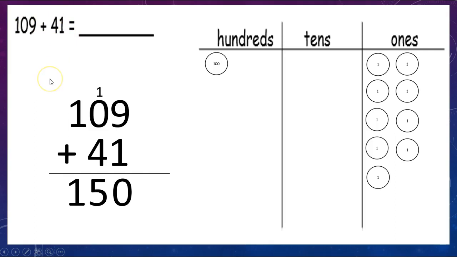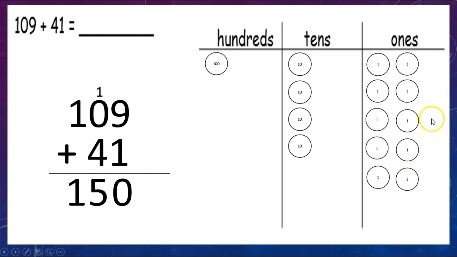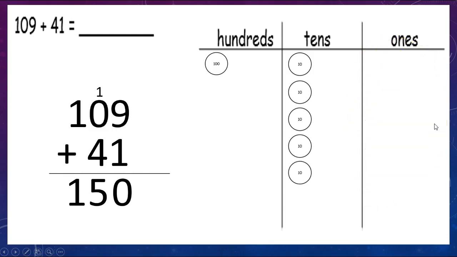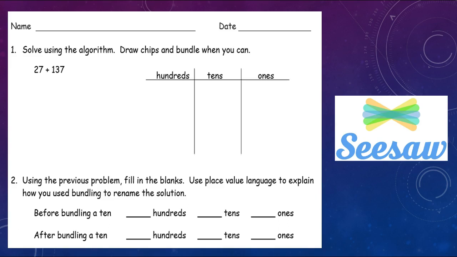So how many ones do we need to add? How many tens? Do I have 10 ones that I can transfer over to the tens place? Yes, I do. Let's bundle those up and send them over. Our answer is 150.